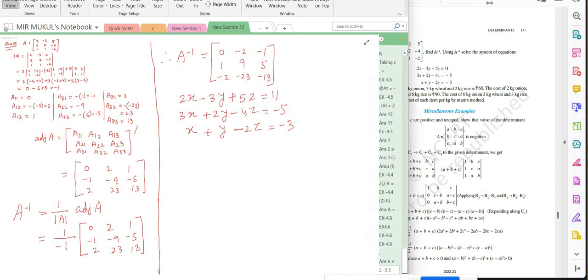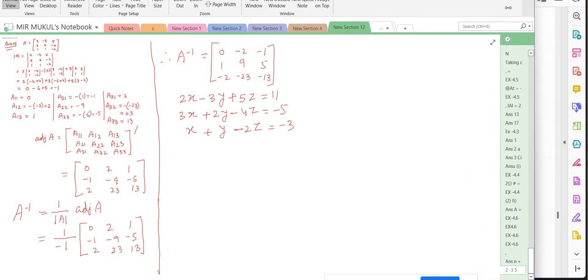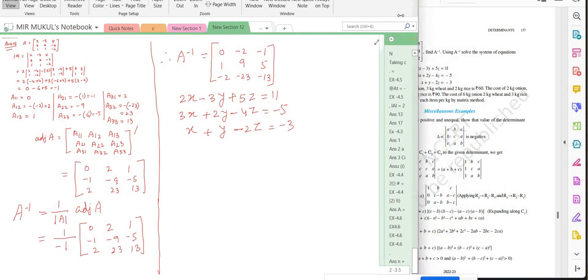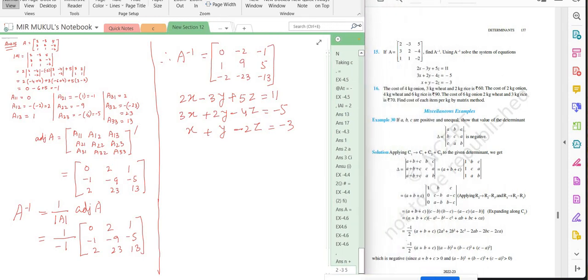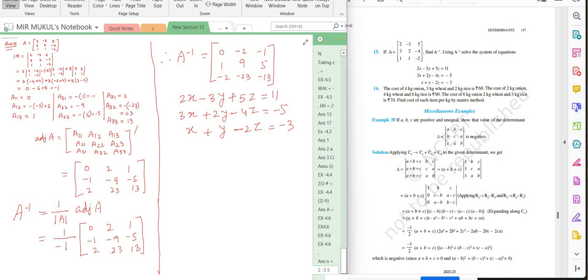Sir, actually, the answer is wrong. A inverse should be 0, 1, minus 2, 9, minus 23, minus 1, 5, minus 13. Now once again tell, are you telling column wise? Yes, sir. 0, minus 2, minus 1. Row wise or column wise are you telling? Column wise.